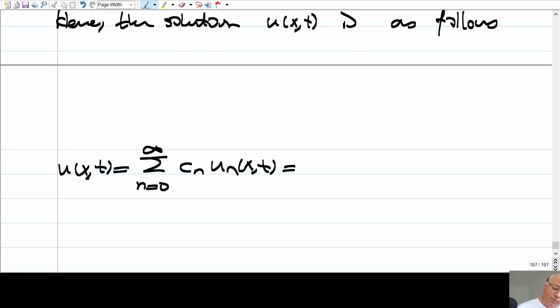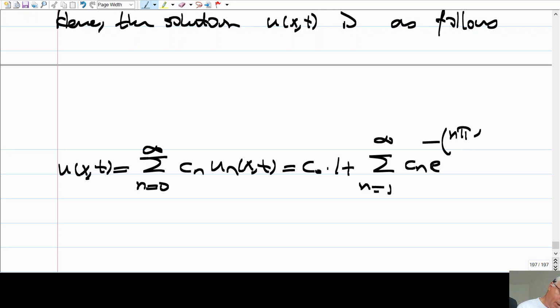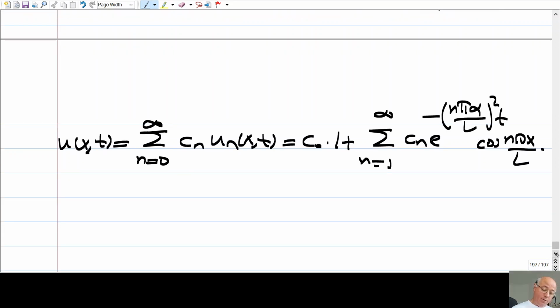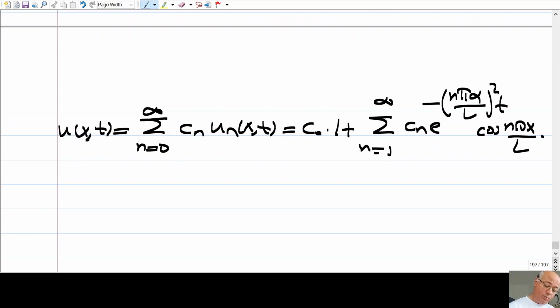So it is just C0 times u0, which is just 1, plus the sum from n equals 1 to infinity of C_n e to the power minus n pi alpha over L squared t, and this time I have cosine n pi x over L. All right, how can we determine the C_n's?